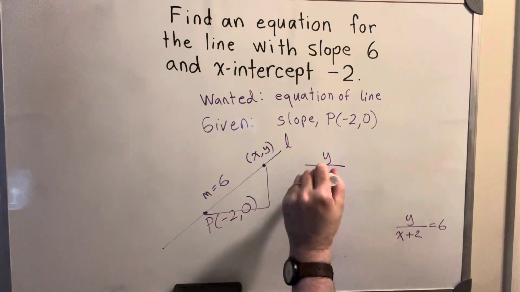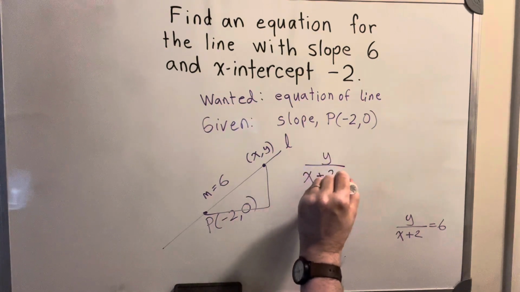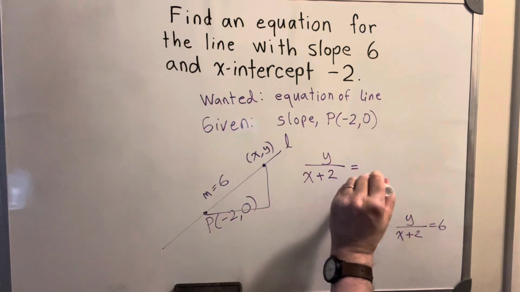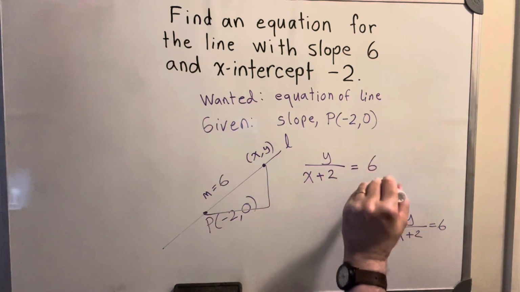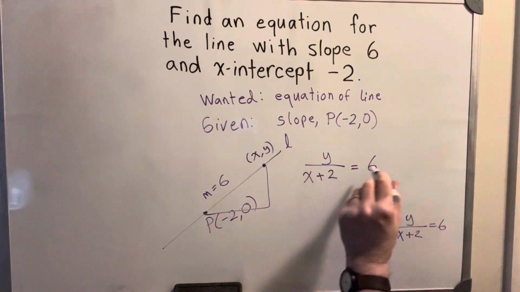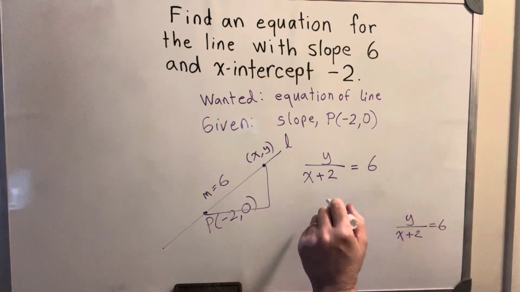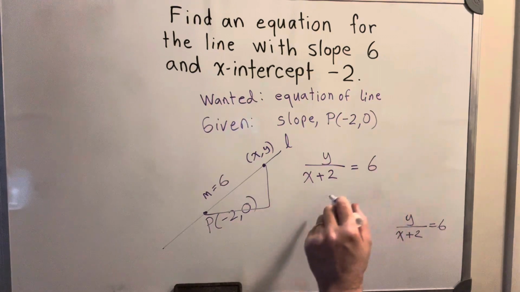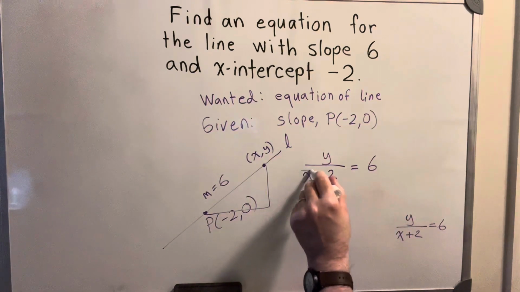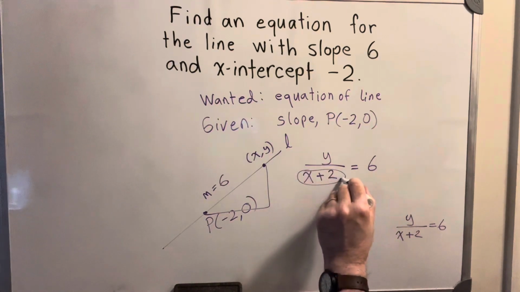We know that y over x plus 2 equals 6. But the form that is most often used to write the point slope form, we're going to move this over to this side.